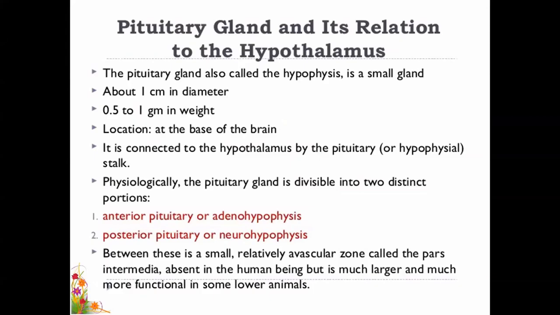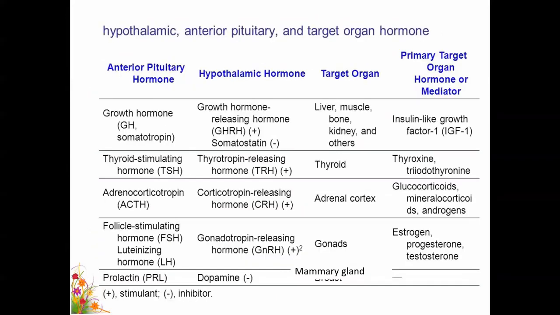It is much larger and more functional in some lower animals. So these are just details. It's about anterior pituitary hormones and their hypothalamic hormones and the relevant target organs, and the final column is about primary target organ hormone or mediator.